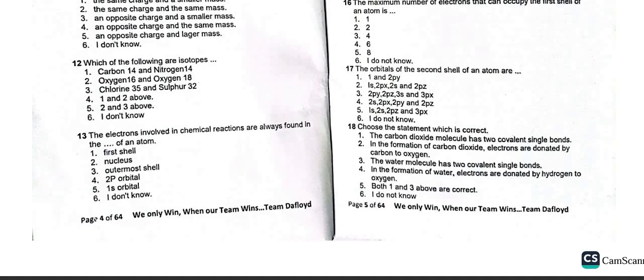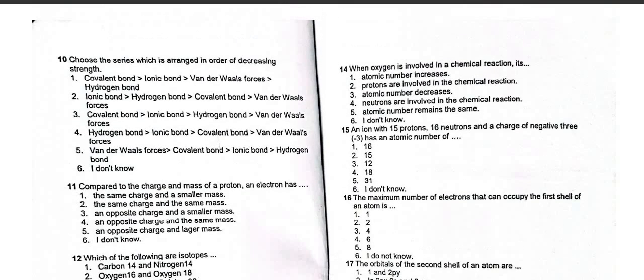Then you have number 14. Number 14, they are saying when oxygen is involved in a chemical reaction, what's the correct answer here? Before I give us the answer, when oxygen is involved in a chemical reaction, what's the correct answer here, guys?